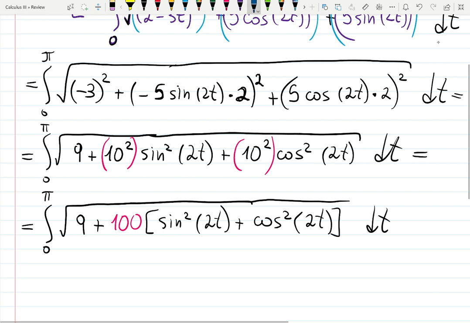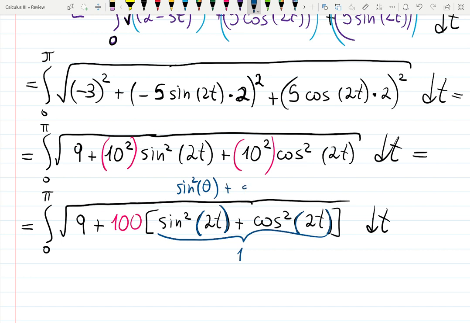This is exactly what we want to get. Sine squared plus cosine squared is 1 when the input is the same for both sine and cosine. So the formula says sine theta squared plus cosine theta squared is 1.